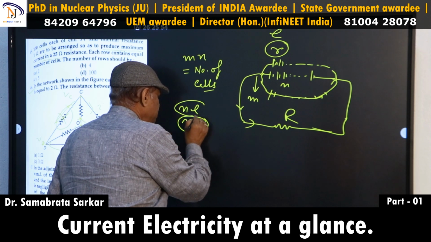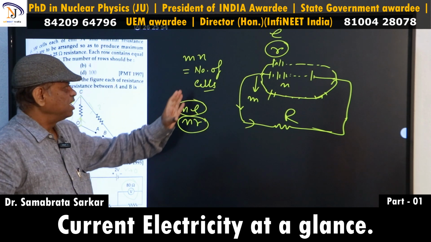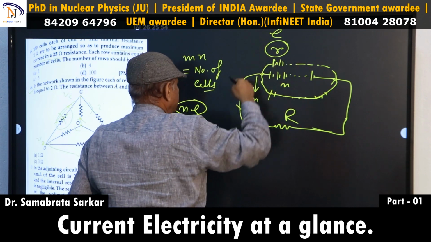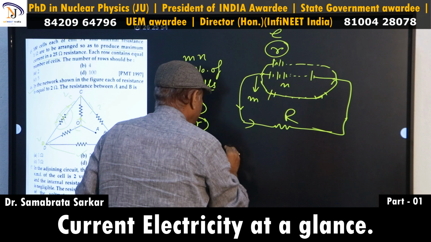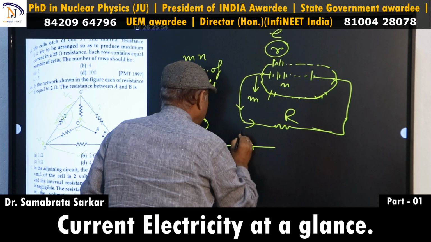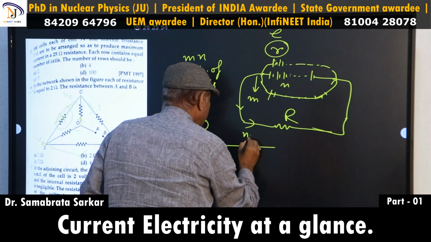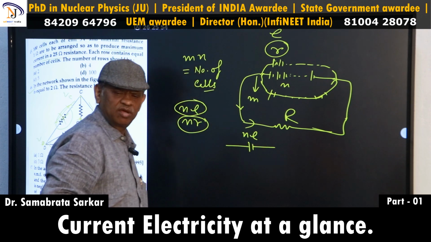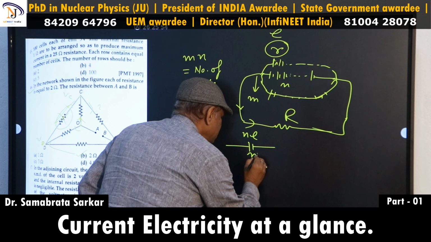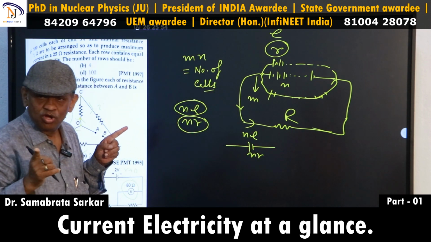Then, instead of withdrawing the entire portion, the total voltage is this, and the total resistance is NR for each row.